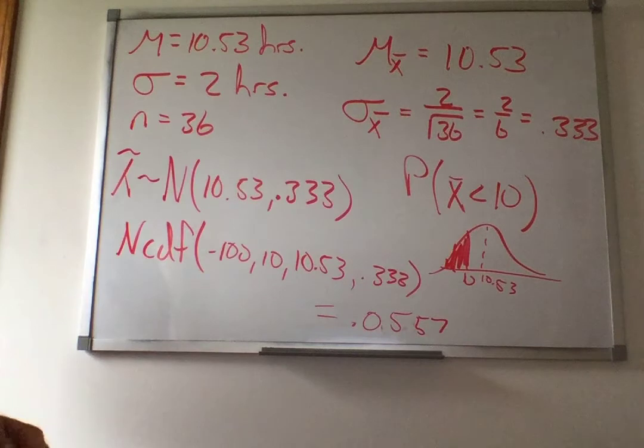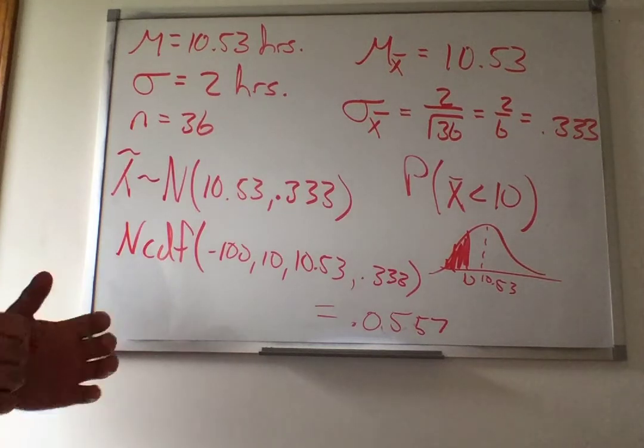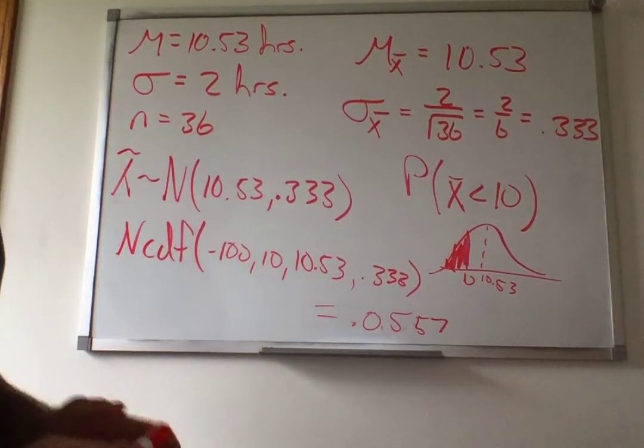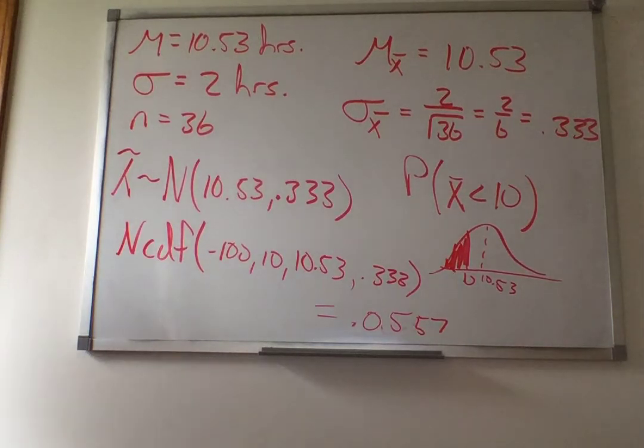Okay, now if we look at the extra question, it says, what is the probability that an individual takes less than 9 hours to complete the IRS form? Well, we're asking about a specific individual. So we would not use the central limit theorem here. We only use the central limit theorem when we're talking about the sample averages, the sample means, or proportions.